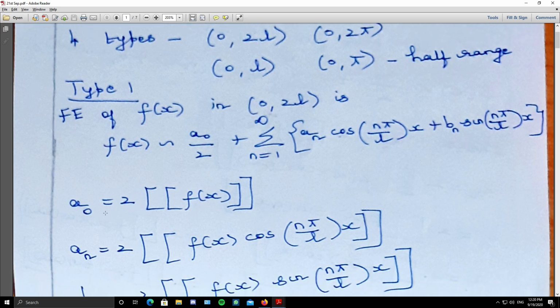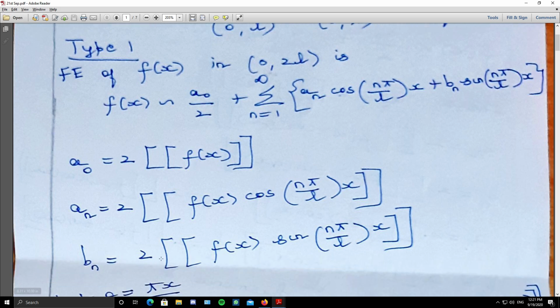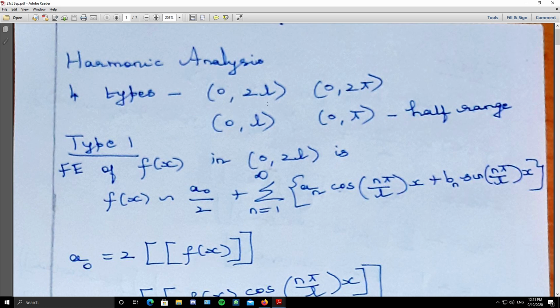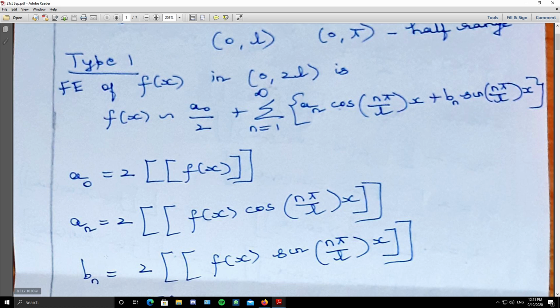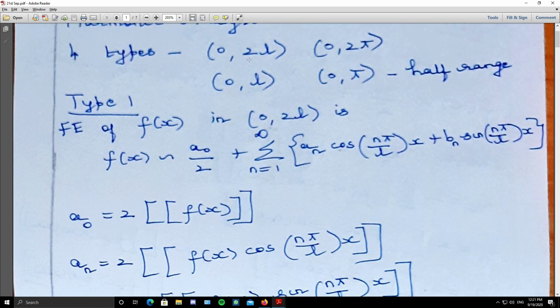I have discussed the mean value property before the internals. a naught is 2 times the mean of f of x, an is 2 times the mean of the product f of x cos of n pi x by L, bn is 2 times the mean of f of x sin of n pi x by L. If you are given a function in 0 to L, you will use this formula for the Fourier series, and find the Euler's constants using the mean value property for a naught, an and bn.